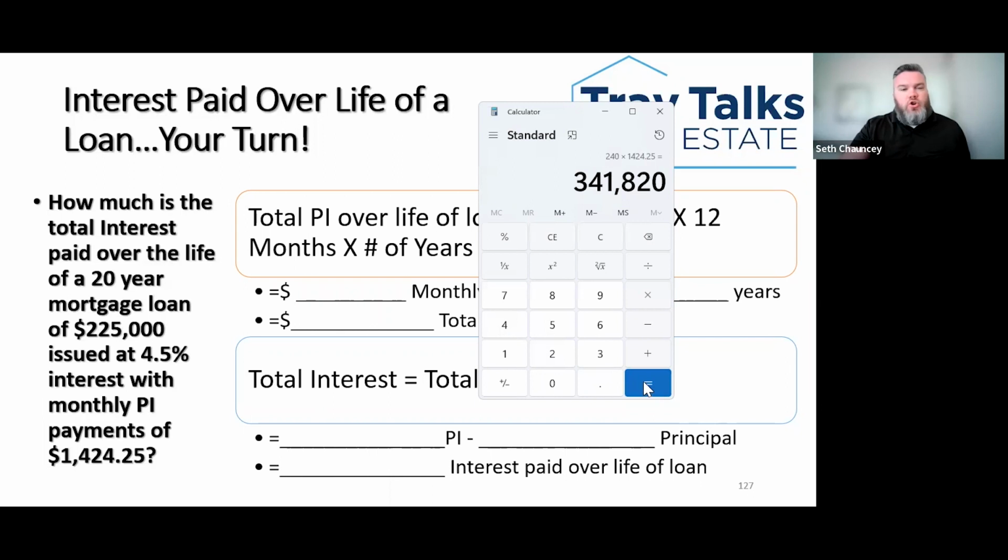So all you have to do is take your P&I times your number of payments and then subtract out the principal balance, what you borrowed. That's your interest paid over the life of the loan. It is the easiest math that you will try to get wrong, because even after today, I promise you it happens every class.